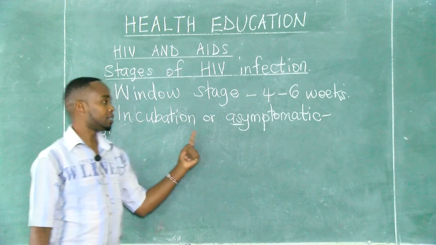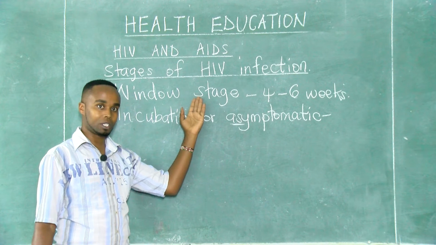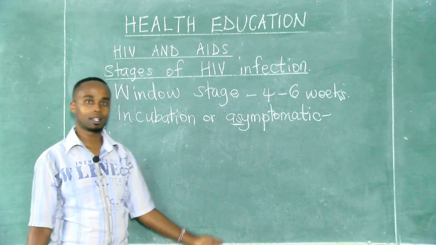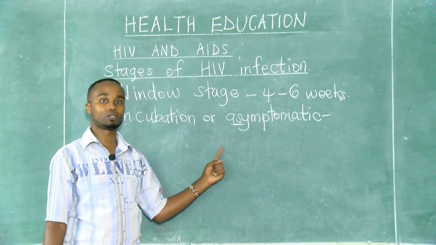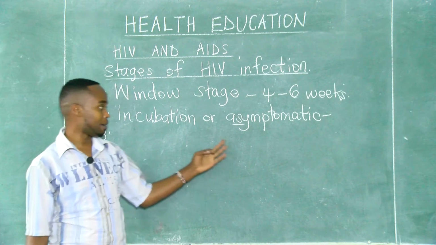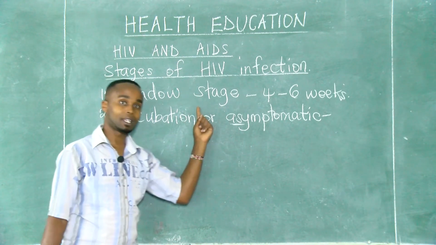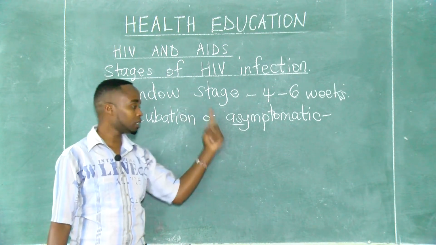But different from the window stage, after going for a test, if the person is infected, the results would be positive. Remember, for the window stage, if the person is infected, the results will always be negative.